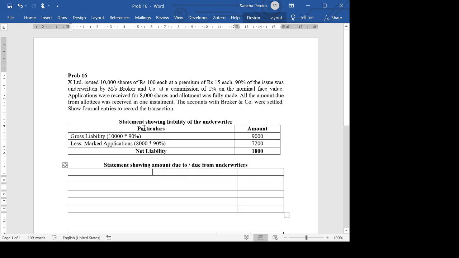So we have the particulars. Now how we normally start: number of shares to be subscribed by underwriter. Basically the underwriter has to take up only 1,800 shares. Okay, so I close this and then I start with the amount.